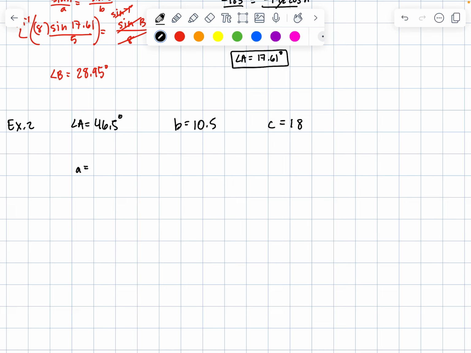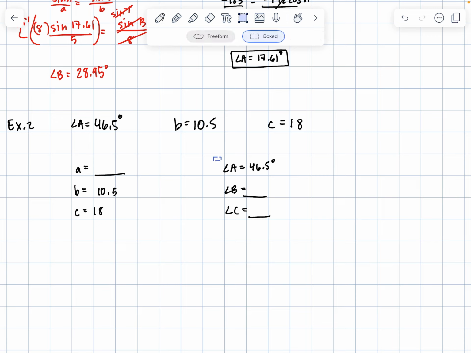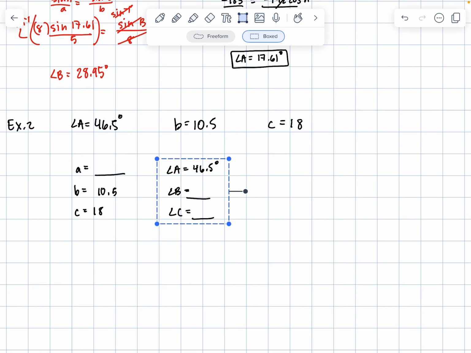A is equal to, we don't know. B is equal to 10.5. C is equal to 18. Angle A is equal to 46.5 degrees. Angle B, we don't know. Angle C, unknown.